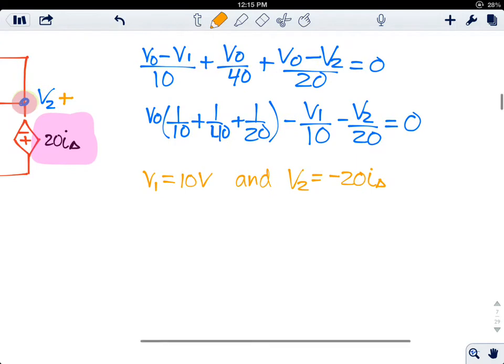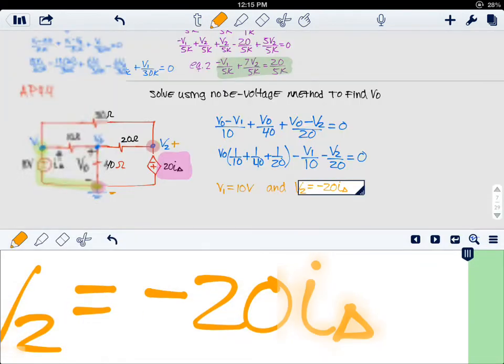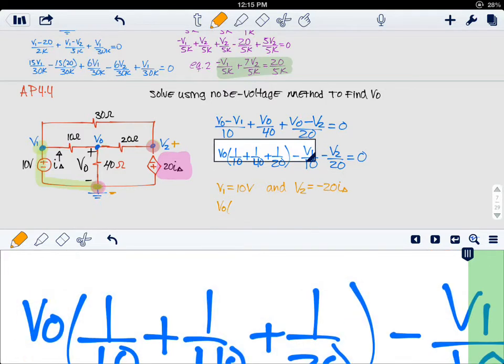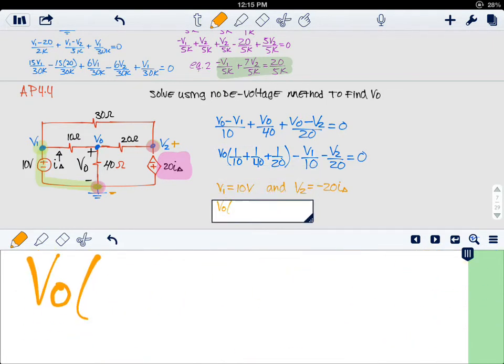Knowing these 2 voltages, we can substitute them into our equation. Let's group these fractions all together with our calculator. Let's not go to the trouble of doing it algebraically.